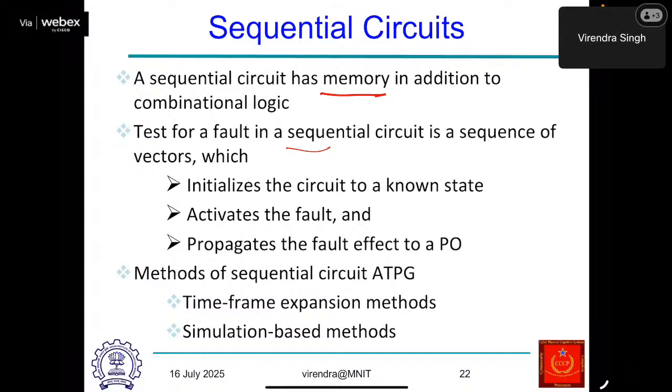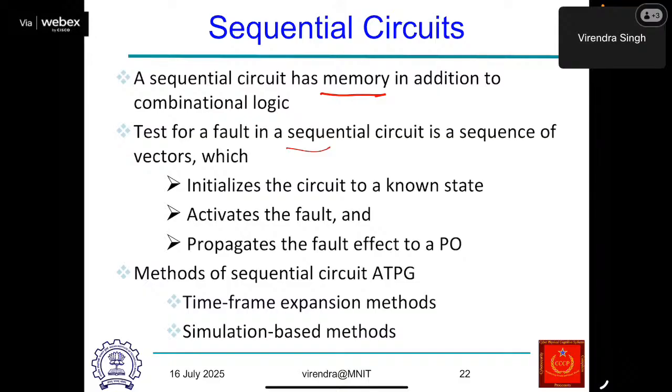So generally what we do is we put a limit on how many times you backtrack, meaning how many times you revert a decision that you made earlier. As I said, both line justification and fault propagation are decision making processes. So you have to put a limit.